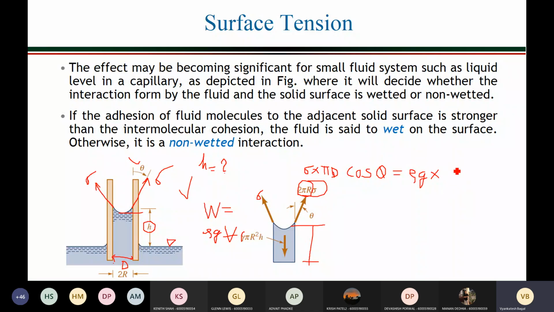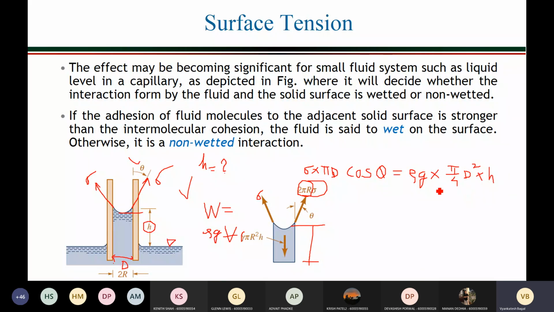Now what will be the volume of the column? Writing in terms of diameter, it will be pi by 4 d square, the cross-section area, into the height of the column. This gives me the volume of the column.